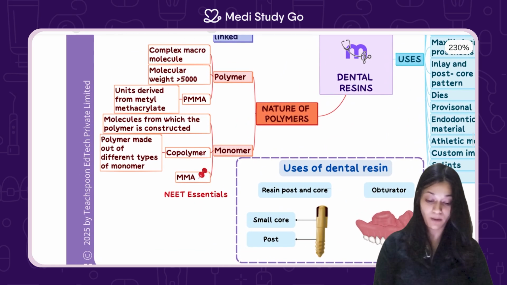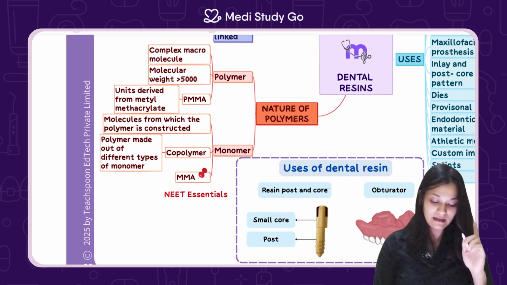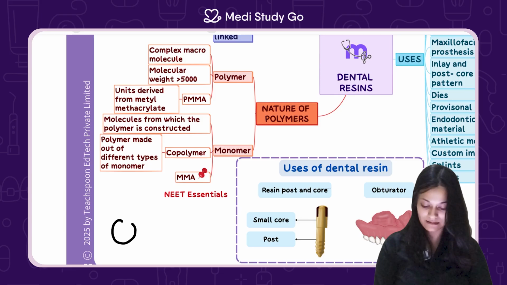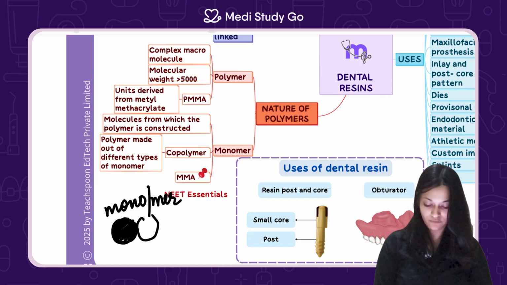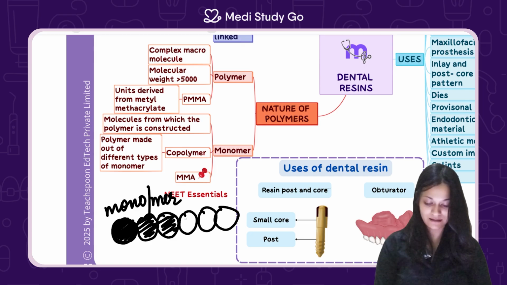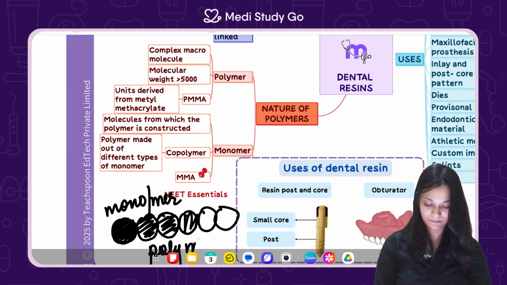Now, when I talk about the nature of polymer, there is one thing that I want you to understand. When we talk about a single unit, it is known as a monomer. And when I combine a lot of monomers together, they make something known as a polymer.